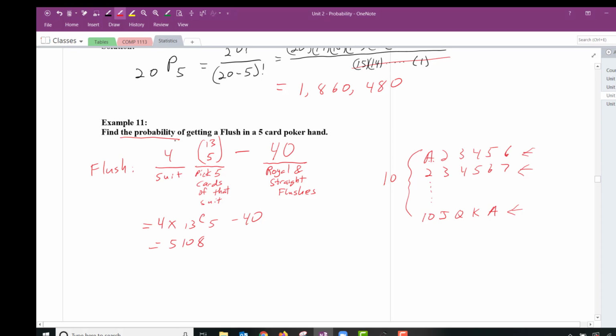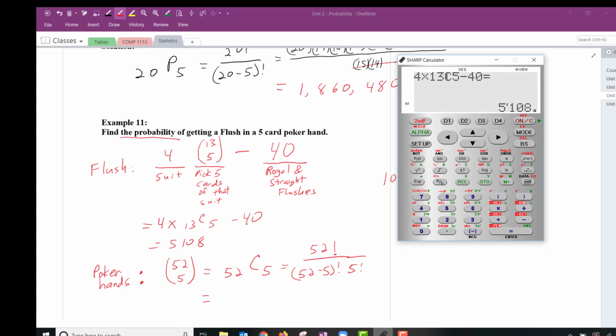Now to calculate the probability, we need to figure out the total number of poker hands. To figure that out is even easier. There are 52 cards in the deck, and I need to pick 5 of them, which is 52 factorial over 52 minus 5 factorial and 5 factorial.